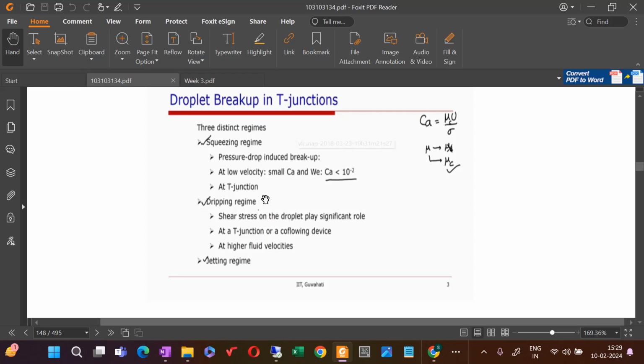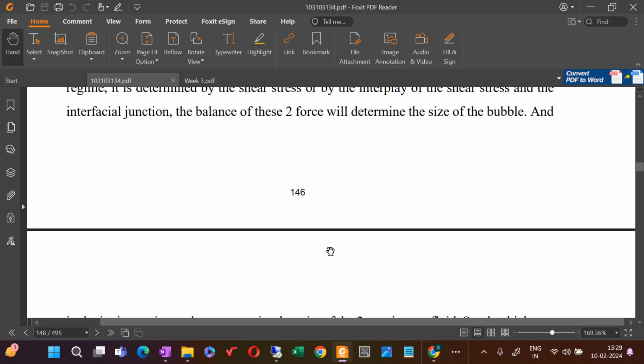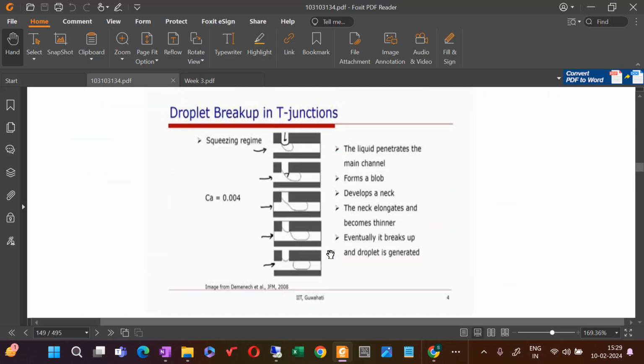So these entire factors are responsible in deciding the flow behavior inside the microfluidic channel. And squeezing, dripping, and jetting are the regimes, and these happen at different capillary numbers and at low and high velocity. When you see the jetting regime, that comes up when the capillary number is pretty high. So the squeezing regime is happening at a capillary number of 0.004.